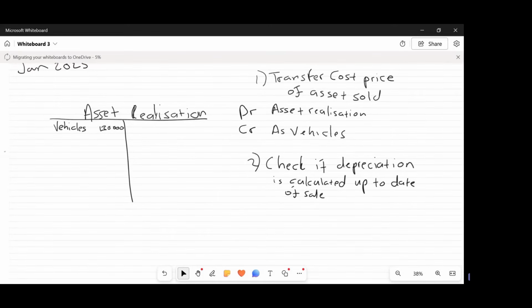If not, then you need to calculate it and account for it. Then the next thing that you will do is transfer the accumulated depreciation to the asset realization.